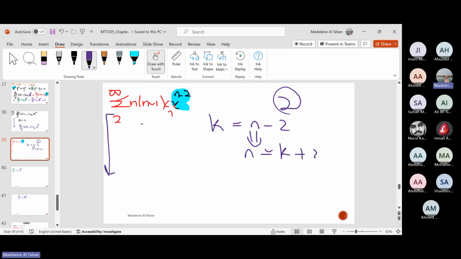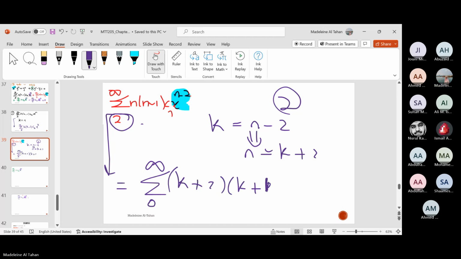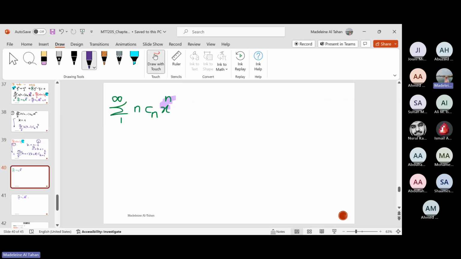What will we get now? Infinity, but this 2 that is here will be 2 minus 2. And it is K plus 2, K plus 1. And here, what will we put? C K plus 2, and here, XK. Do we agree that we will get this one, miss? Yes. Now, series number 3, miss.